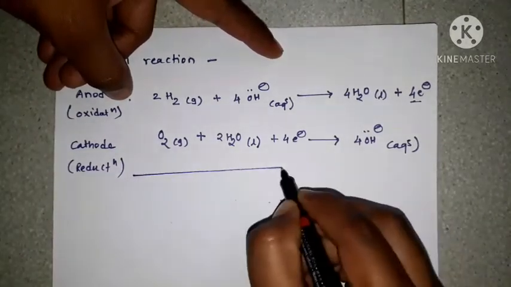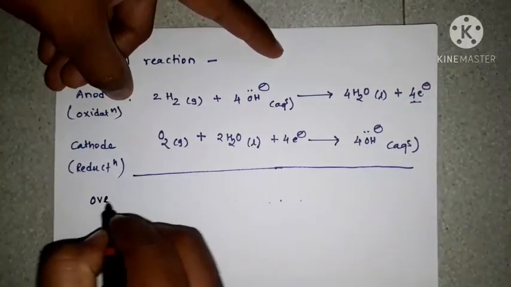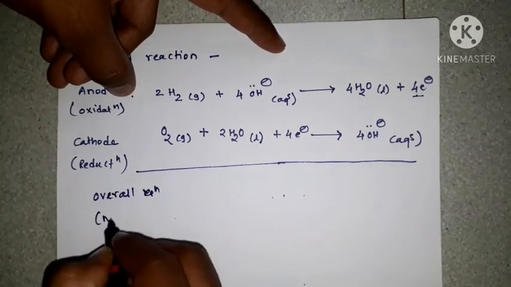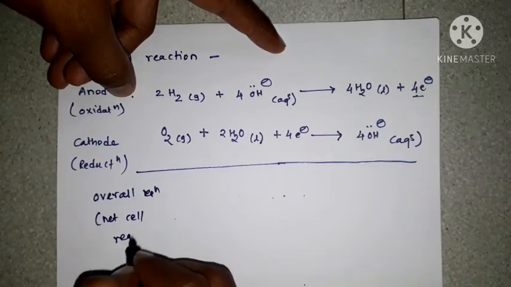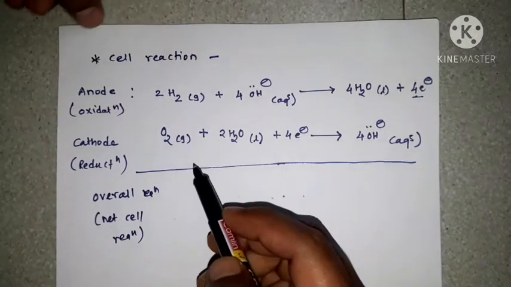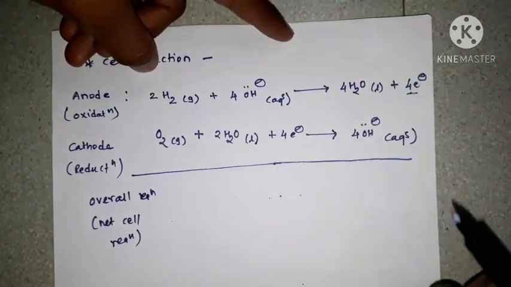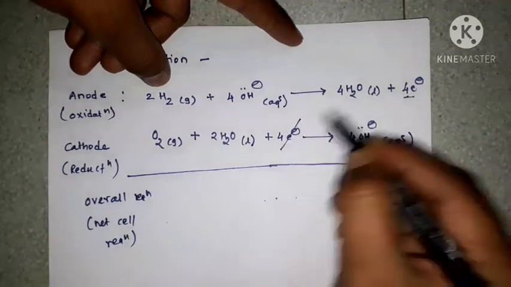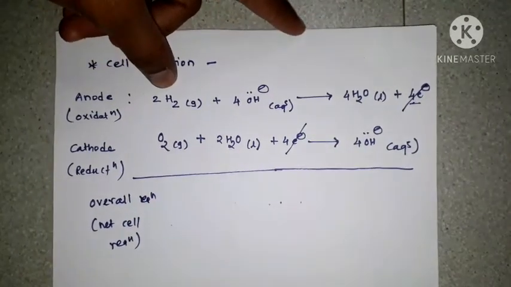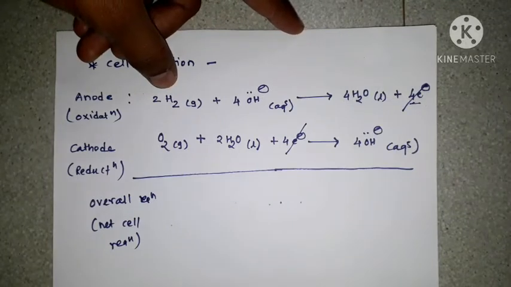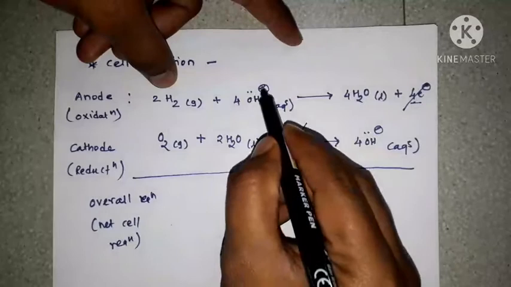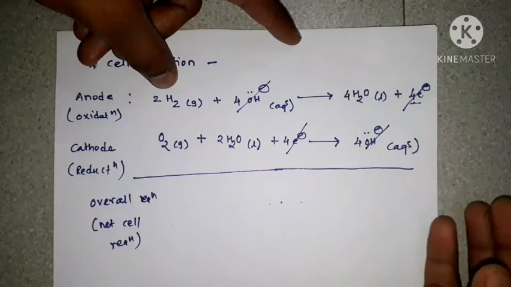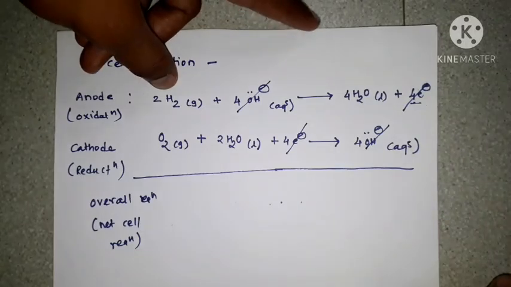And how to write the overall reaction or net cell reaction by using the 2 half cell reactions? First of all, cancel the 4 electrons on the left and right side. Then what is the remaining part? 4OH minus on the left and 4OH minus on the right side, so they also cancel out.